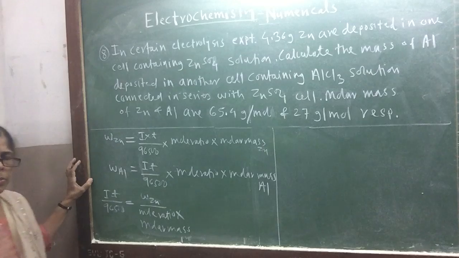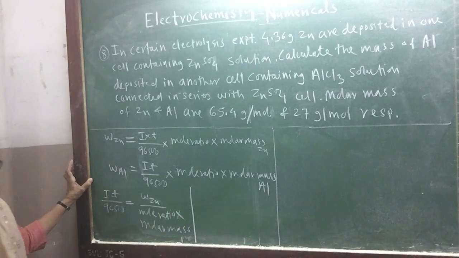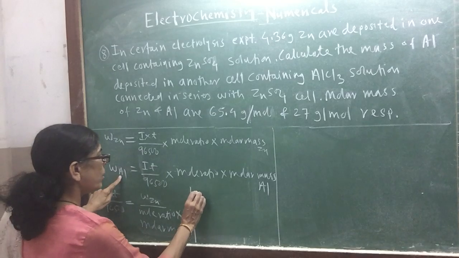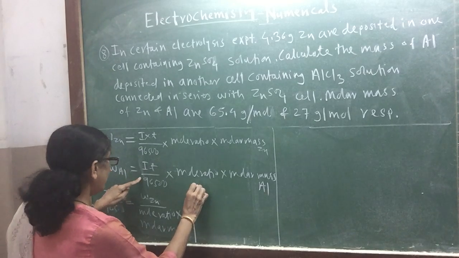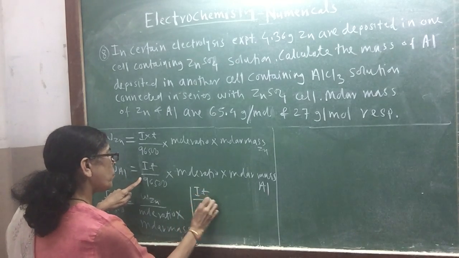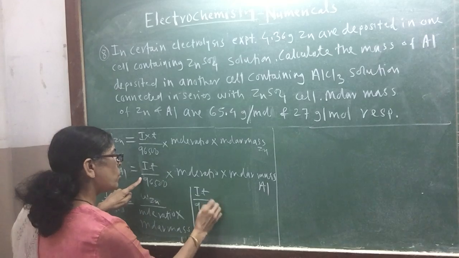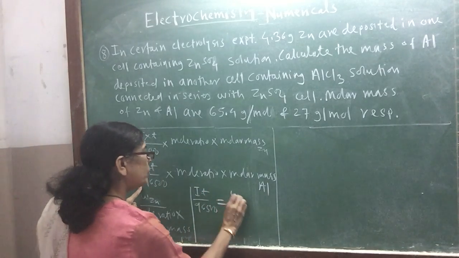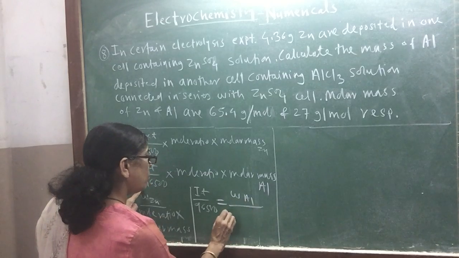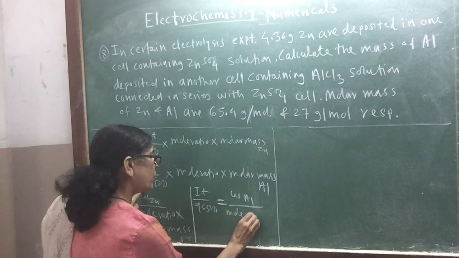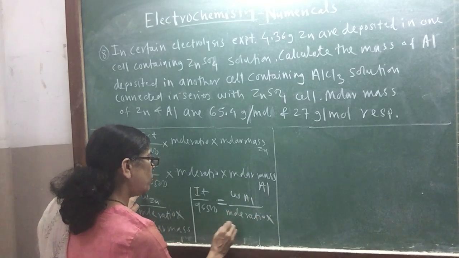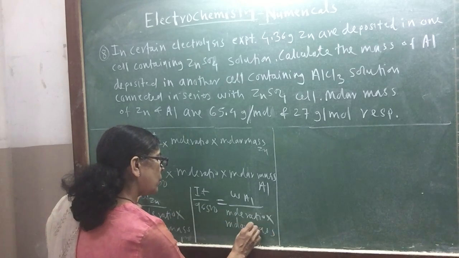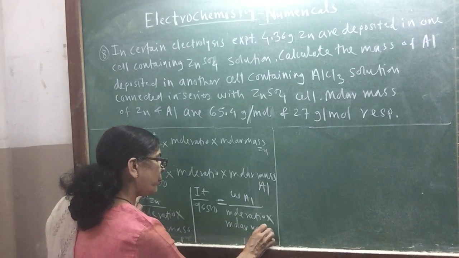And the same thing we can write for the aluminium cell, isn't it? I into T upon 96500 is equal to W_Al upon mole ratio into molar mass of aluminium.